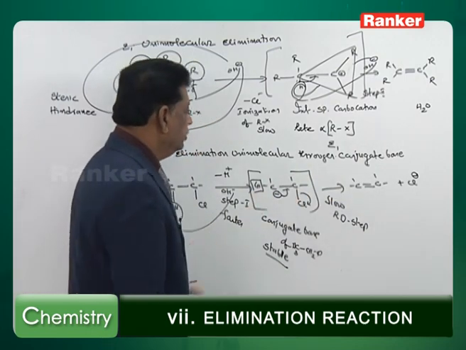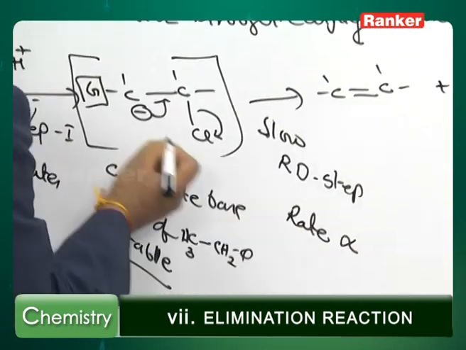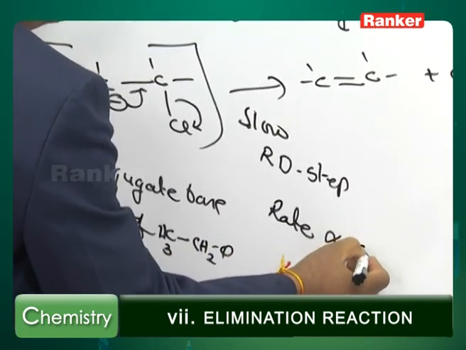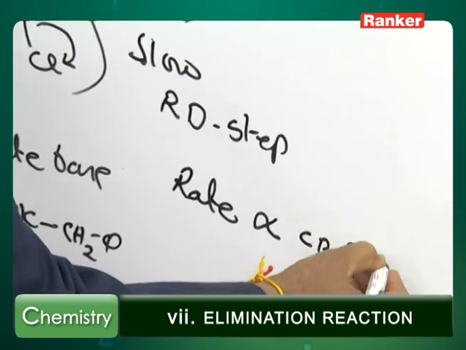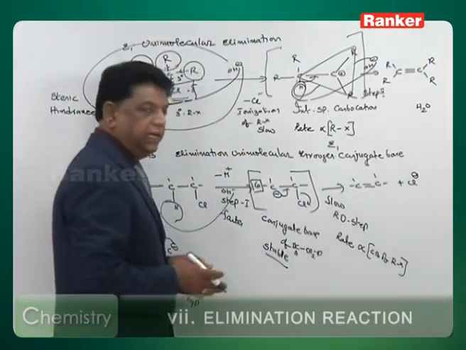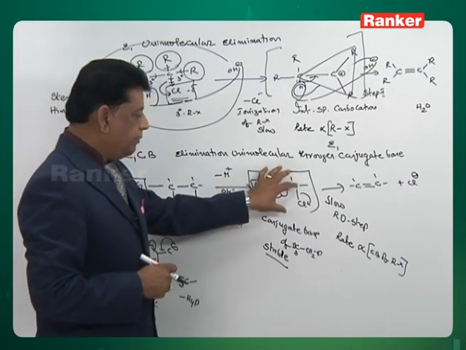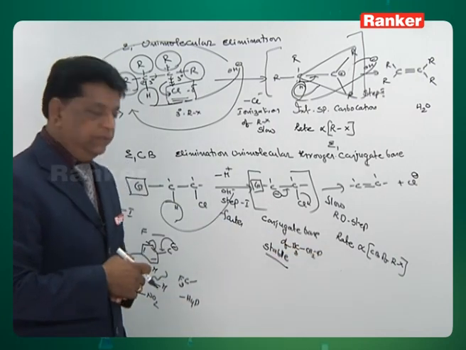So only one species is involved. The rate of the reaction is directly proportional to the concentration of only one molecule, the conjugate base of the alkyl halide, not the alkyl halide. The conjugate base of the alkyl halide means that from the alkyl halide, if you remove a proton from a beta carbon, this anion is formed.